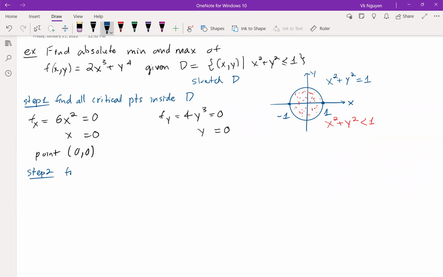So step 2. We're gonna find all extreme points. I'm gonna call them extreme points there, not extreme values.